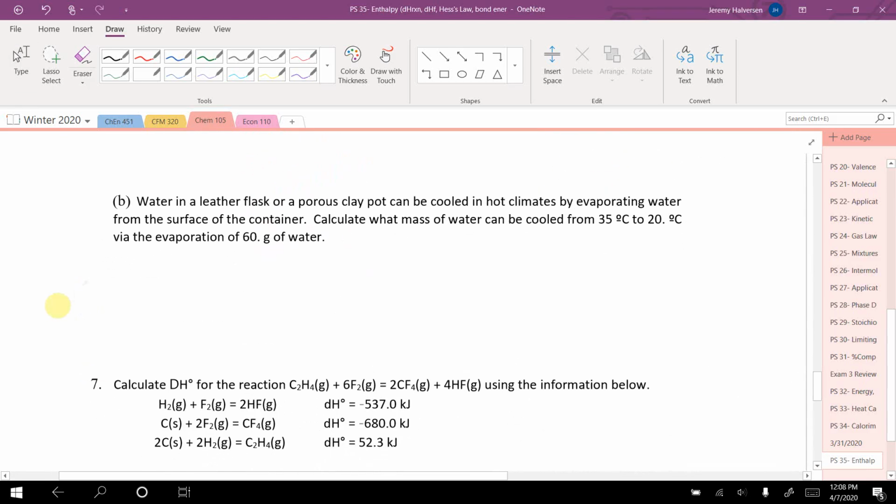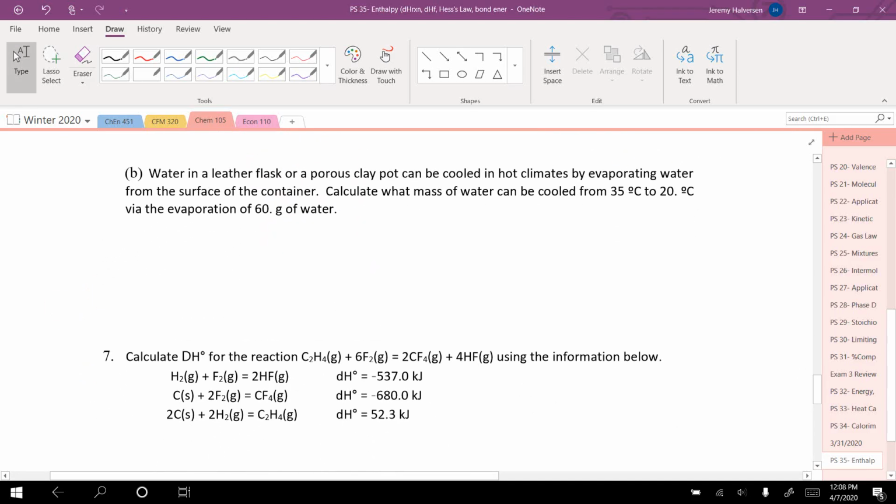Okay, similar problem. Water in a leather flask or a porous clay pot can be cooled in hot climates by evaporating water from the surface of the container. So we've got our pot, it's got water in it, and we put water on the outside, right? And that water evaporates, and when it evaporates, it takes heat from the water inside.